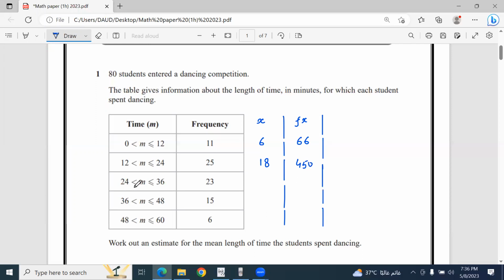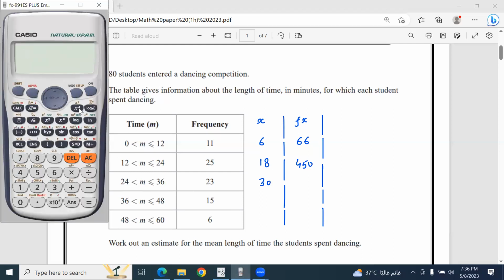Next, the middle of the class width 24 to 36 is 30, and then 30 multiplied by 23 gives us 690.